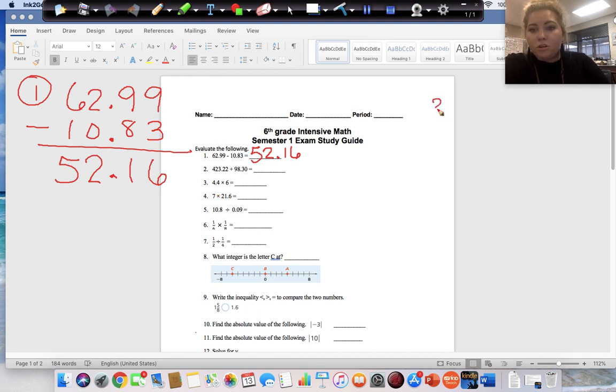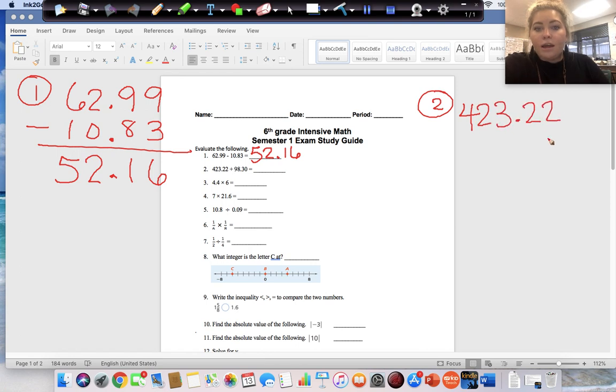Okay, for number 2, we have 423 and 22 hundredths, and we have 98 and 30 hundredths. Again, line up your decimals. Make sure that you have all of your numbers in the correct place value. We are adding for this question, so 2 plus 0 is 2. 2 plus 3 is 5.